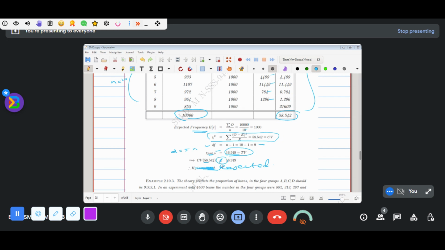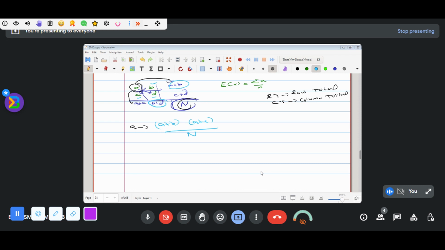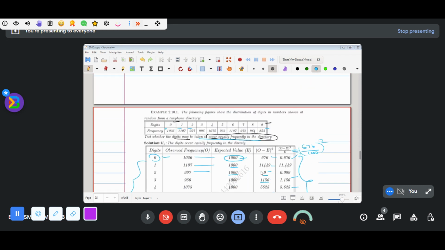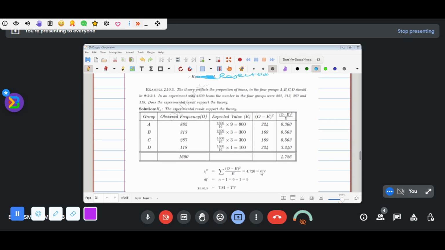The calculated value is not less than or equal to the table value. Therefore, H naught is rejected. This is the first part of the problem. Same idea for the second part.